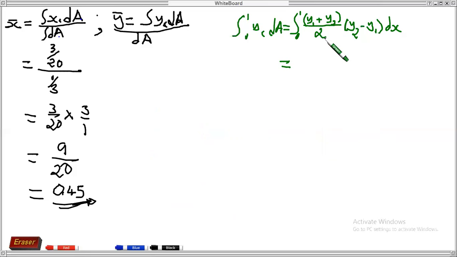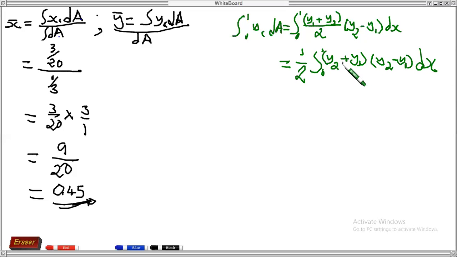Okay, this half, you can bring it outside. Then you'll be left with the integral from 0 to 1 of y2 plus y1 times y2 minus y1. You can see this from your basic mathematics: they are the same, one has a plus and one has a minus.